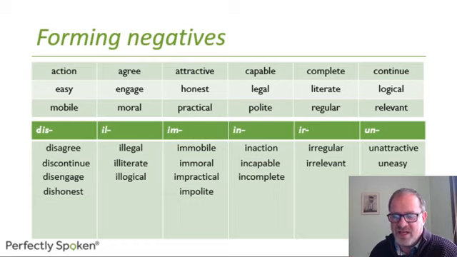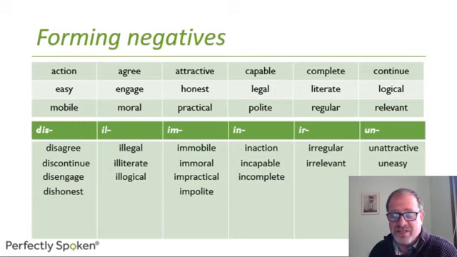if you can notice any patterns there. Again, pause the recording if you need time to think here. So IL, what can you notice or deduce from this? Well, IL is always a prefix for words which begin with L. So illegal, illiterate, illogical. Logical, literate, legal all begin with L. How about IM?